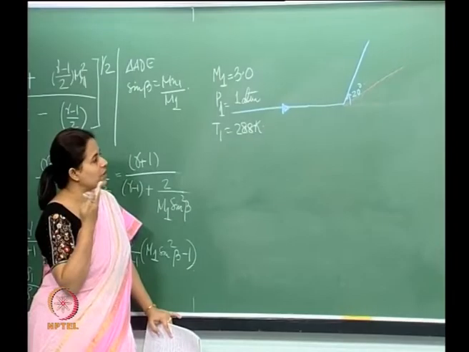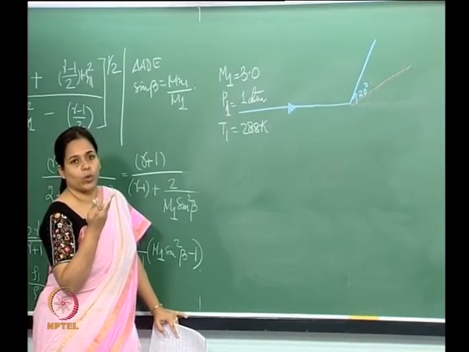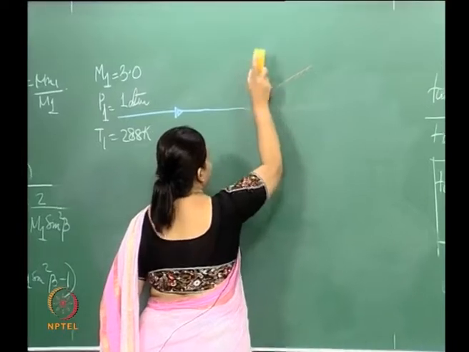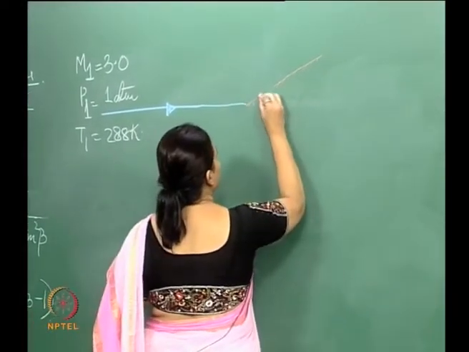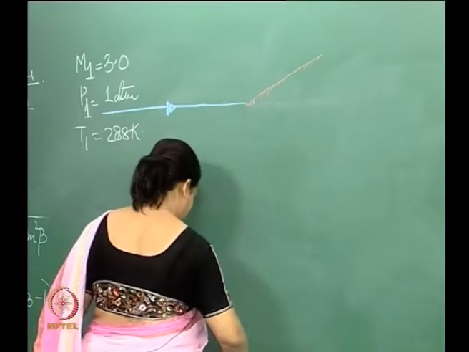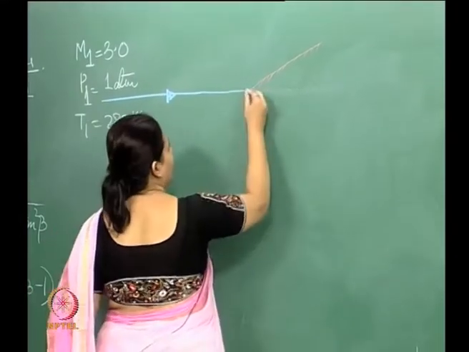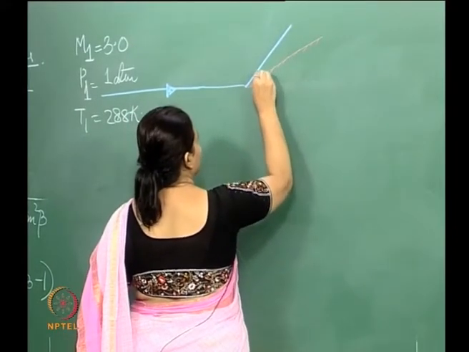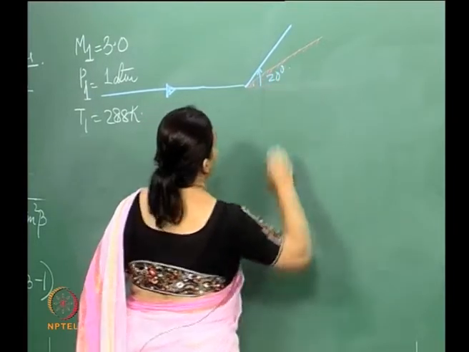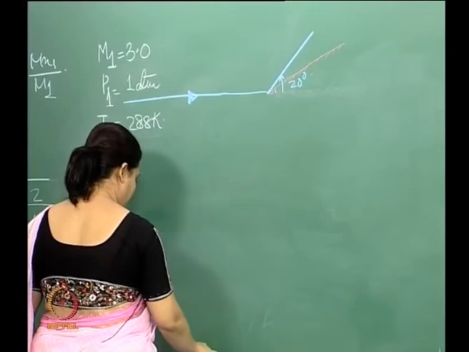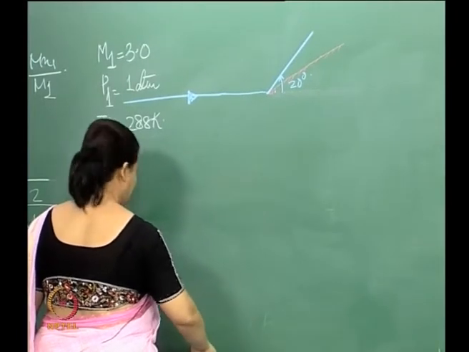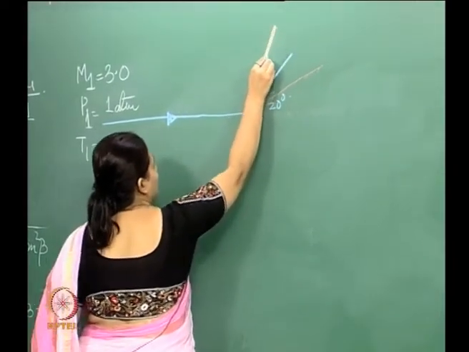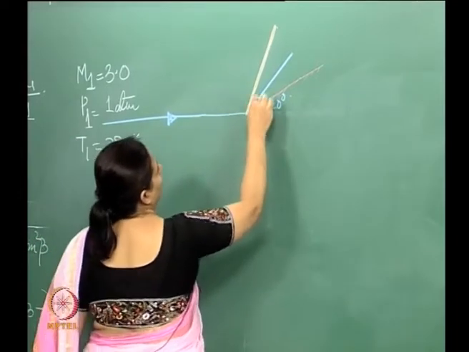So now what we are seeing is that there is actually a shock wave, isn't it? So I should draw this. Say it is deflected by 20 degrees, and so essentially I can say that there is an attached shock over here.